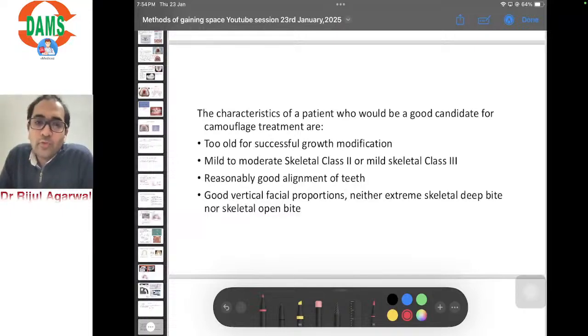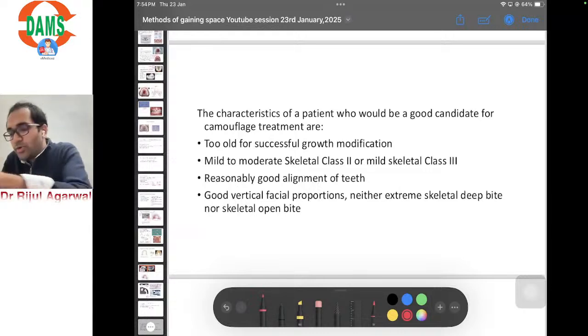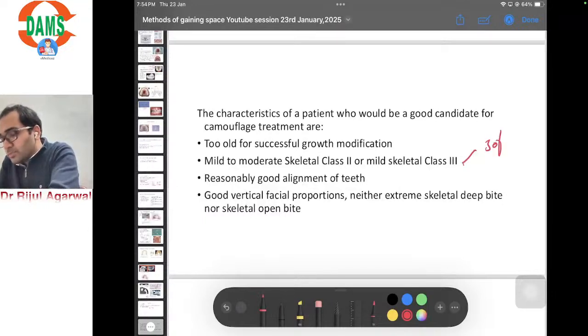So who are the good candidates for camouflage treatment? First, those who are too old for successful growth modification, that is, through functional correction we cannot achieve their skeletal modification. Next are those with mild to moderate skeletal class 2 or mild skeletal class 3. How do we judge them as mild? Through their soft tissue profile.